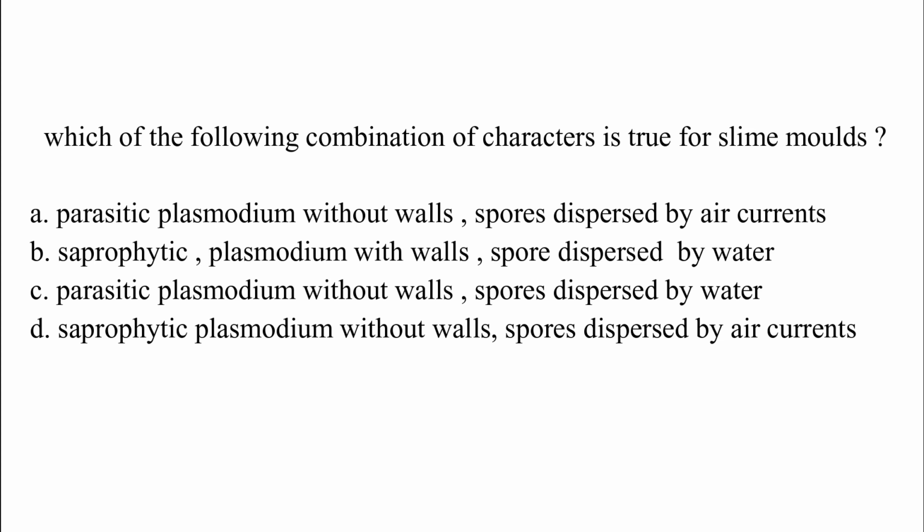Option C, parasitic plasmodium without wall, spores dispersed by water. Option D, saprophytic plasmodium without wall, spores dispersed by air current. The correct answer is D, which is saprophytic plasmodium without wall, spores dispersed by air current.